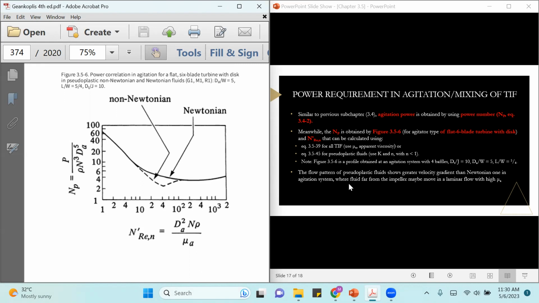Near the wall, maybe it's still turbulent, but with lesser NRE. But for non-Newtonian fluid, since it has a greater velocity gradient, sometimes near the agitator it is turbulent, but near the wall it is laminar, because of the high apparent viscosity.